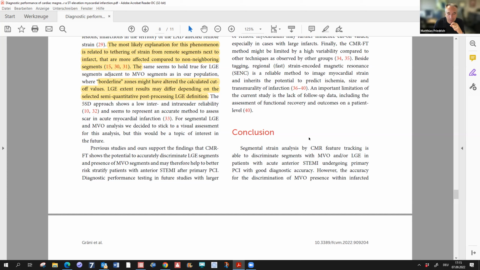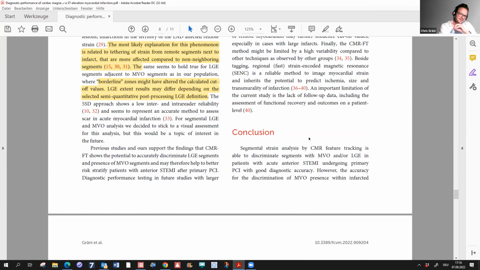And last question. Often you see the no reflow, if it's significant, or the MVO in the native cine images. Have you done some comparative analysis whether that would also work? Yeah, that's actually a good question. We sometimes have questions whether it's thrombus or not.